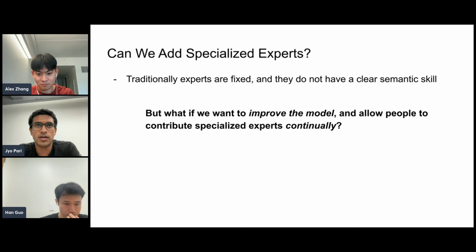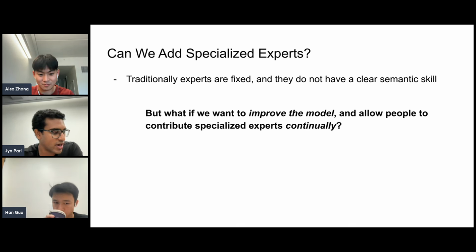But I think the whole point of MoEs is we want to start making our models efficient and also dynamic, in the sense that it's intelligently routing to the right subset. But utilizing a lot of this machinery, we can think about what about experts that could actually be introduced dynamically?